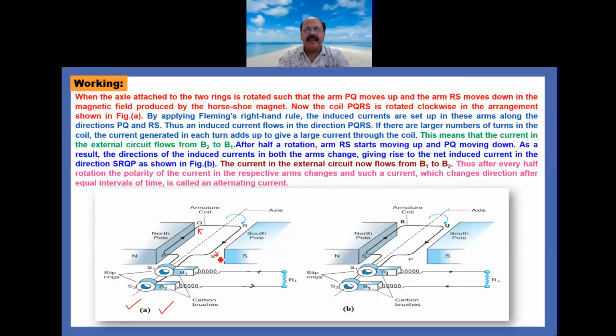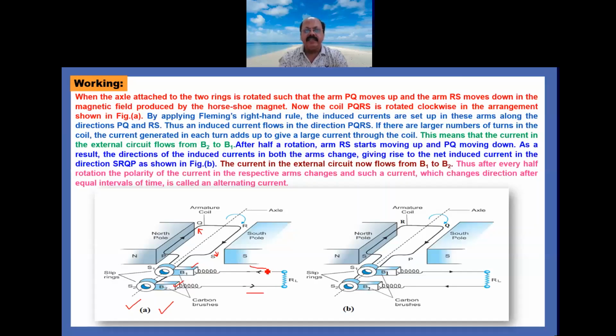Thus, an induced current flows in the direction PQRS. If there are a large number of turns in the coil, then the current generated in each turn adds up to give a large amount of current in the coil. This means that the current in the external circuit flows from brush B2 to B1. You can see here the direction of the current.